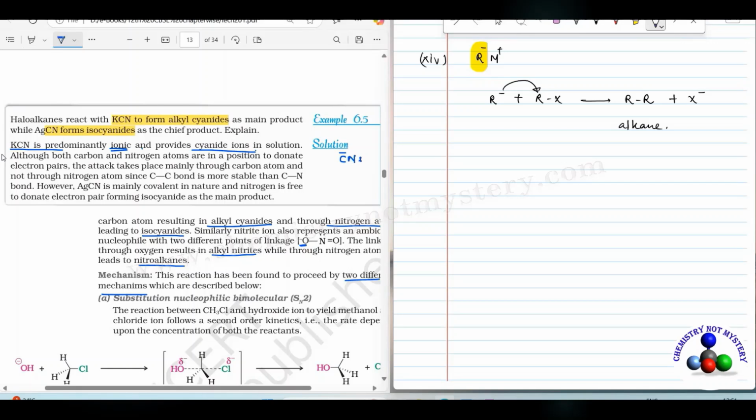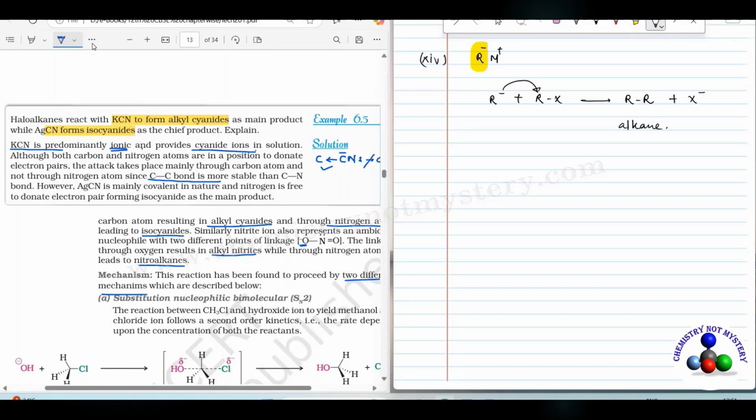So that's why carbon and nitrogen both are in a position to donate electron density to carbon to make a new bond. When carbon donates electron density to the alkyl group to make a new bond with the carbon, this bond will be more stable as compared to the bond formed by the donation of electron density by nitrogen to carbon.